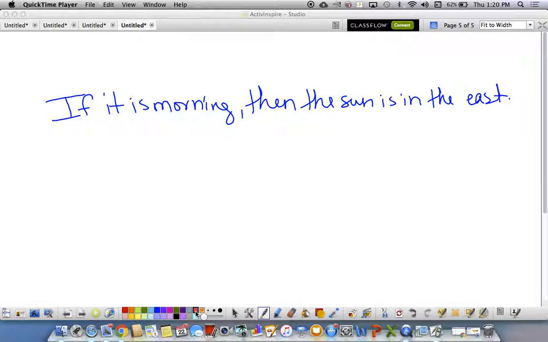All right, Paxton, can you please come up here and underline the hypothesis? John, will you come and underline the conclusion and label it with maybe just an H and a C? Pick your color. I picked a red color, but if you want a different color.